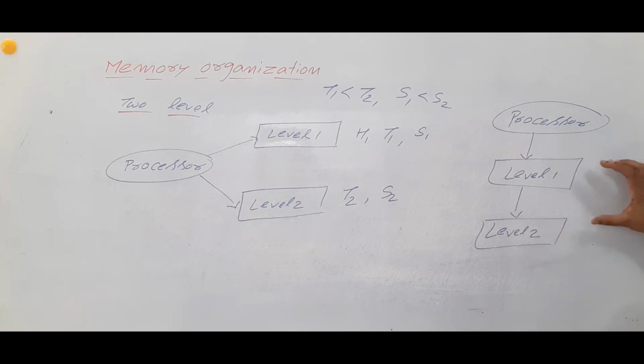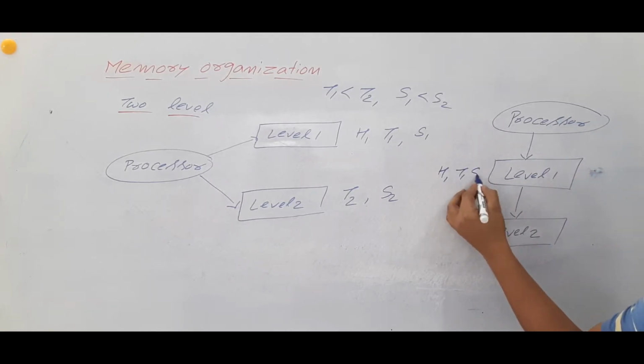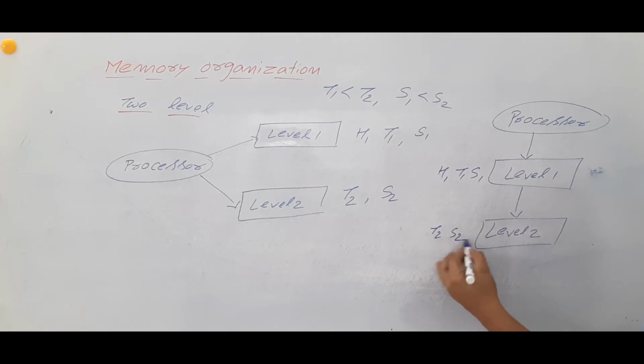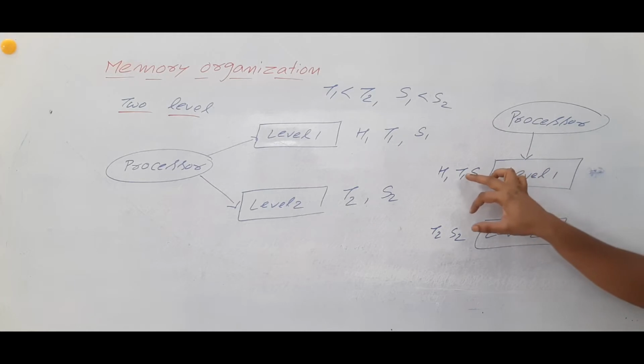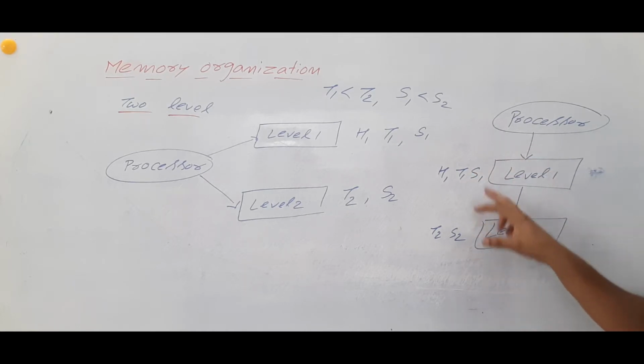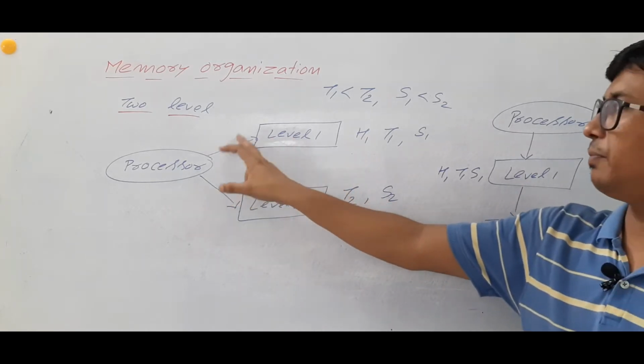So for the total time here, let's take that it is again H1, the same thing. H1, T1 and S1, T2 and S2, the same assumptions I am assuming. Here the total time will be, first it will be T1, and if it is accessing here, it will be T1 plus T2. Whereas here, it can access parallelly.